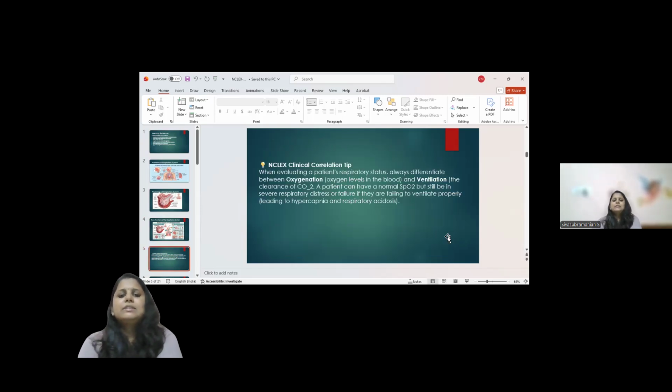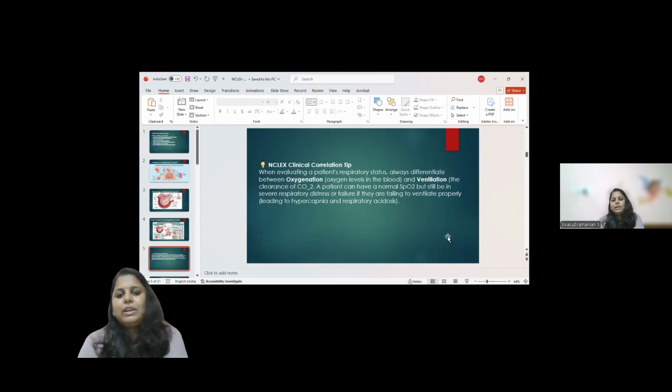Now the NCLEX clinical correlation tip. Whenever you are evaluating the patient's respiratory system, always remember the differentiation between oxygenation and ventilation. Do you think oxygenation and ventilation are the same? No, it's not the same. Oxygenation is the oxygen in the blood. Ventilation means the clearance of CO2.